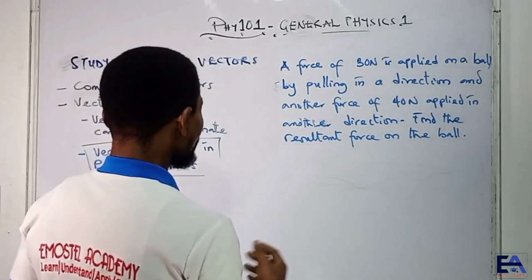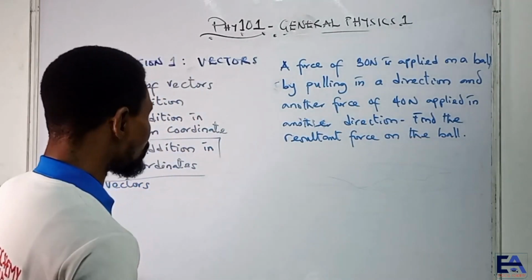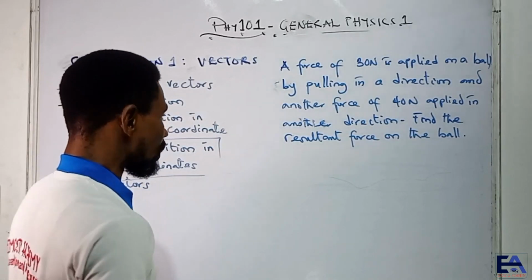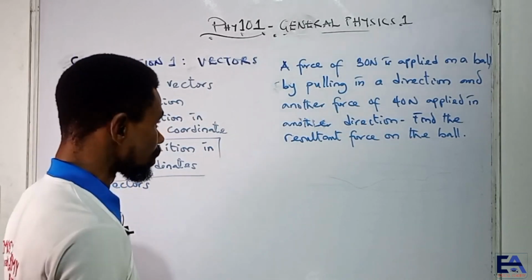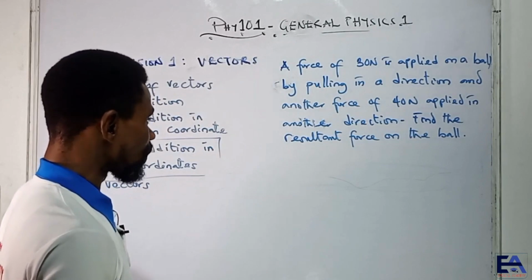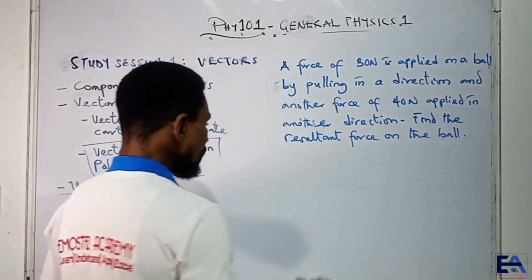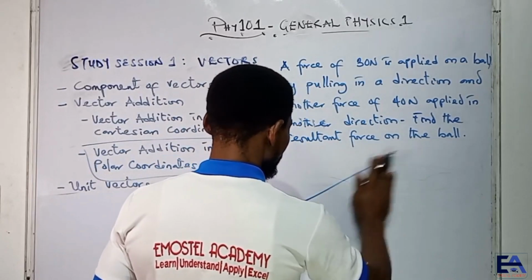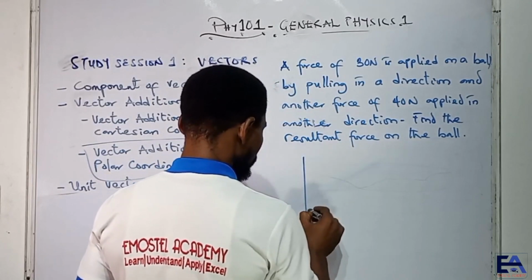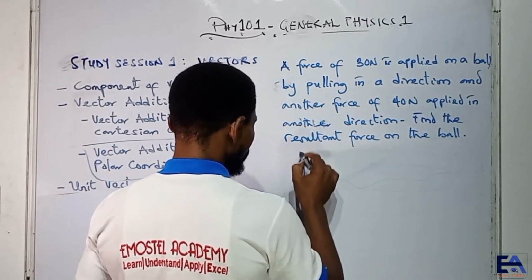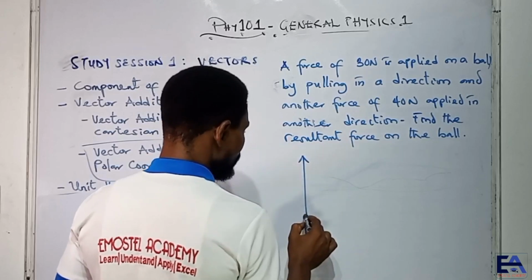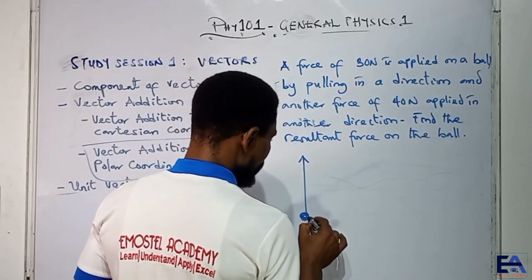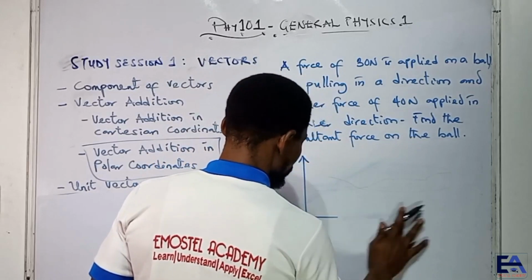So a force of 30 Newton is applied on the ball by pulling in a direction, and another force of 40 Newton applied in another direction. Find the resultant force on the ball. Let's say the ball is pulled through this direction, and also pulled, this is the ball, and also pulled through this direction.